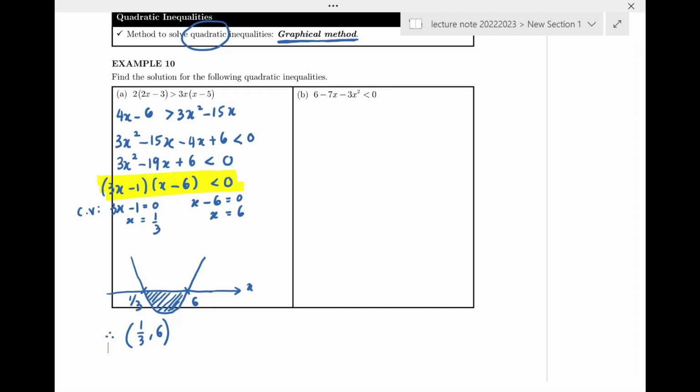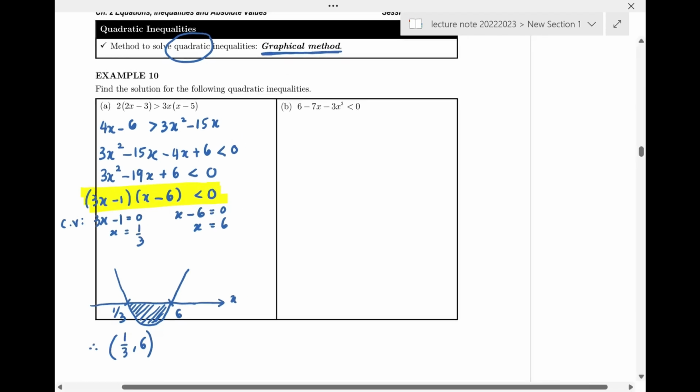So we go to B. This is what I mean by having the negative quadratic expression on the left side. If I were to rearrange this one first, I will get negative 3x squared minus 7x plus 6 less than 0. So we have negative x squared there. So what do I do next?